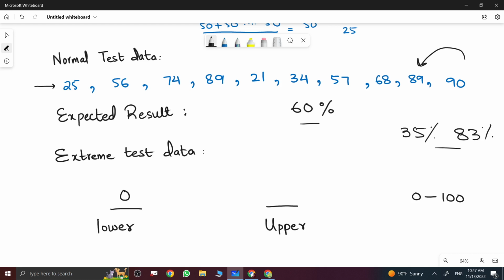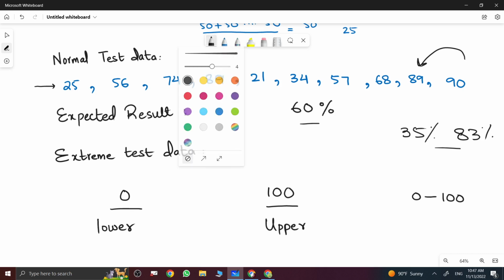And you cannot enter any percentage mark that is greater than 100. So the upper limit of your test data would be 100. If the user enters 102, 103, it will be considered as abnormal data. So here we go, extreme test data: 0 and 100.